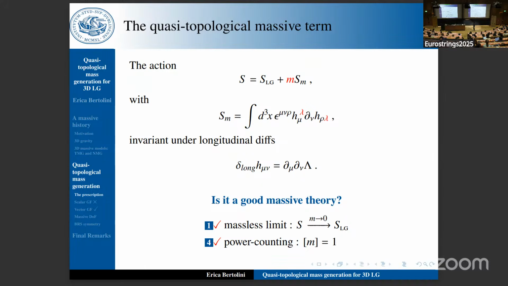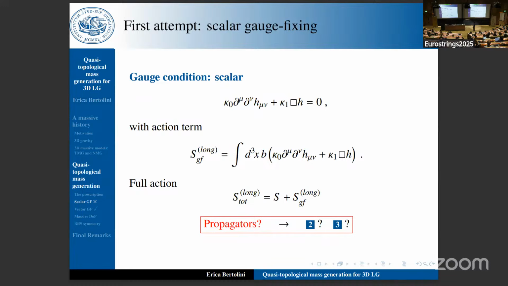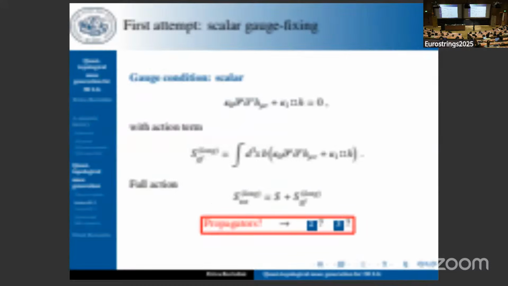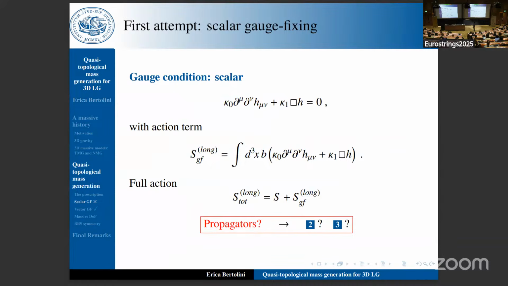So just from that, we can already see that this model satisfies two of the requirements. It has a good massless limit, which gives us the linearized gravity term with proper sign, and it's compatible with power counting. So now we want to go on. We want to treat this as a gauge theory. And therefore, since our gauge transformation has a scalar gauge parameter, we impose a scalar gauge fixing.